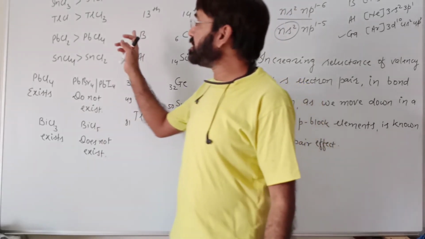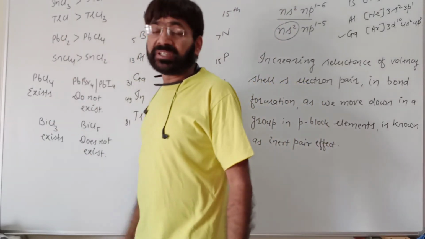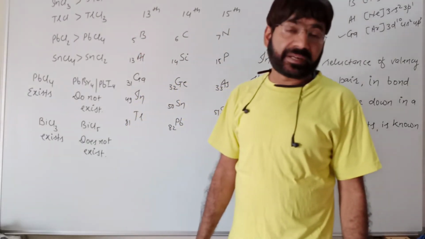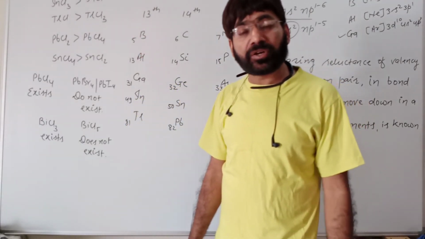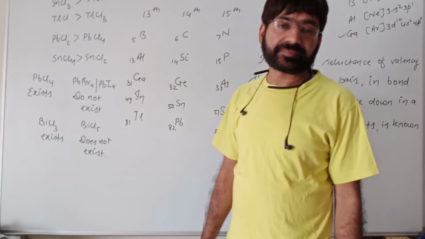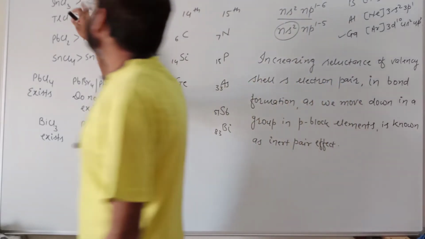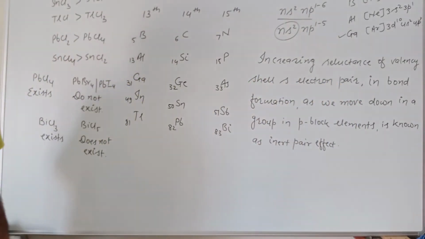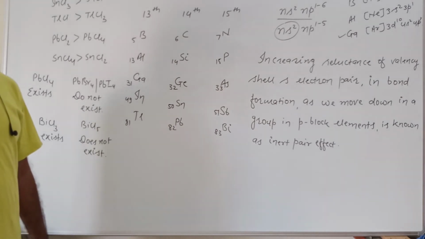So TlCl3, as it tries to enter into TlCl and undergoes reduction, will be functioning as an oxidizing agent. So these are the reasoning questions related to the chlorides of group 13 elements.